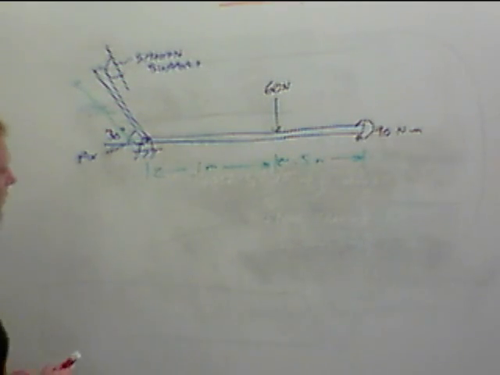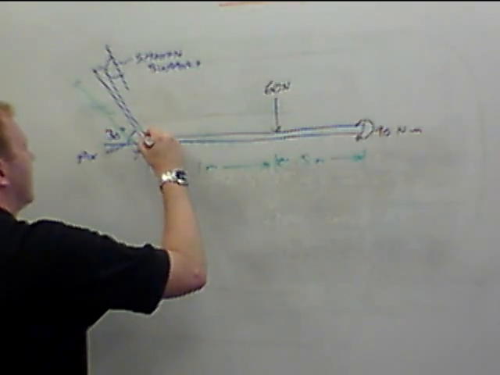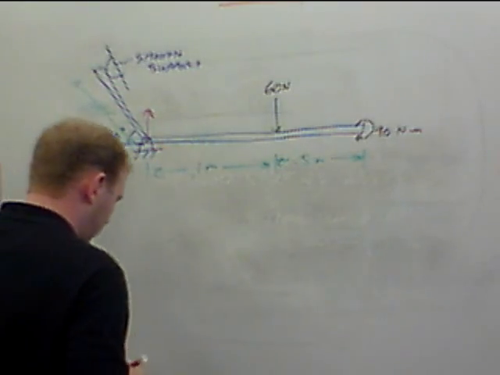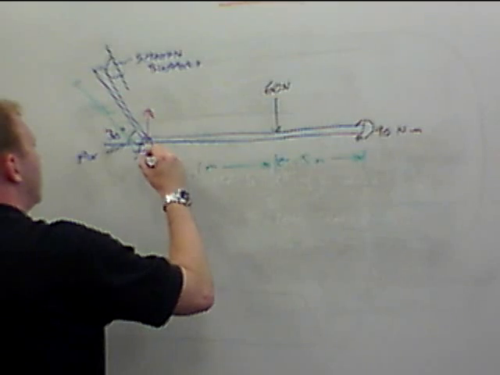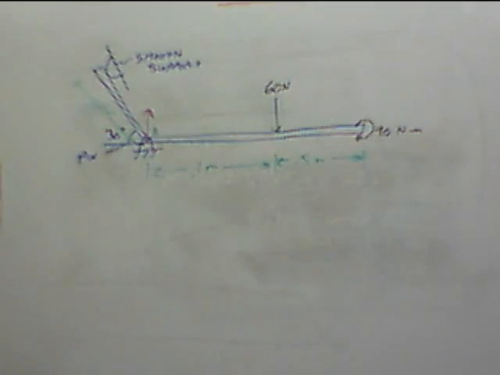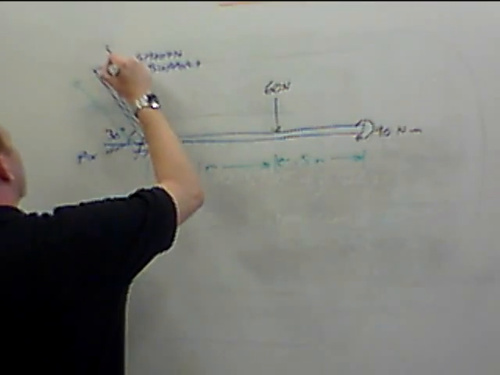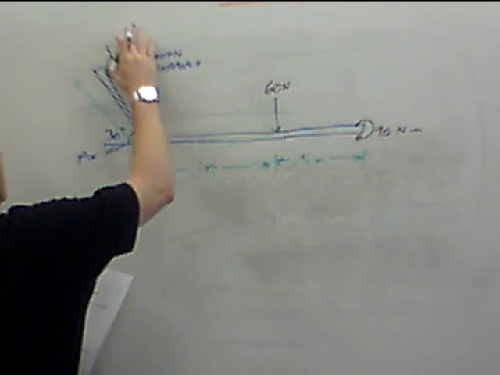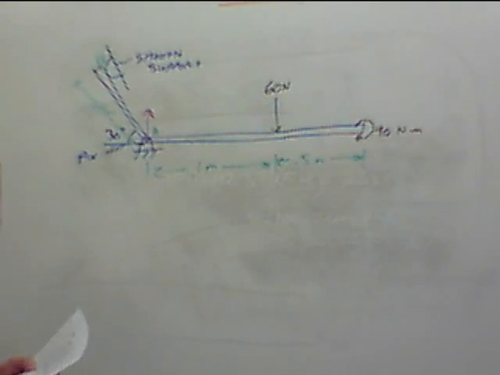Well, at the pin joint, we know what that's going to look like. Let me label some points here. This will be point A. Let's stay consistent here. And this will be point B. B is there.